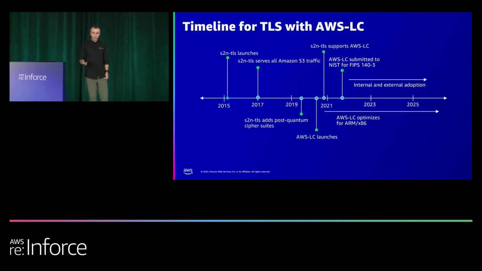For a timeline of the events, S2N TLS launched in 2015 and quickly gained internal adoption, and by 2017 was serving all of Amazon S3's front-end web traffic to customers. After we hit that milestone, we began looking at post-quantum cryptography, and in 2019 we added support for hybrid post-quantum key exchanges.